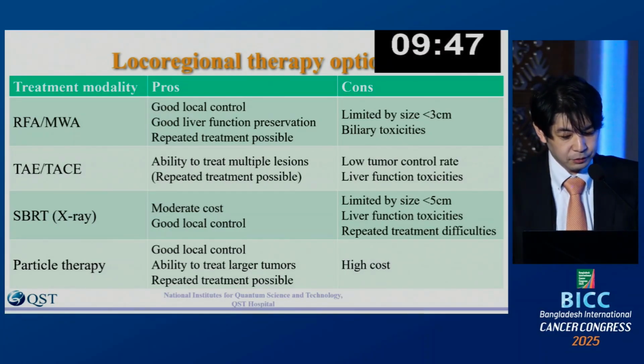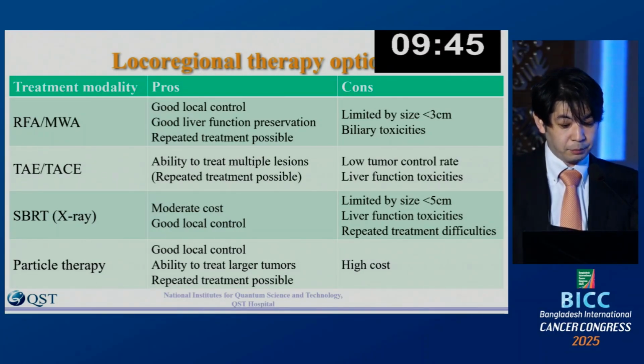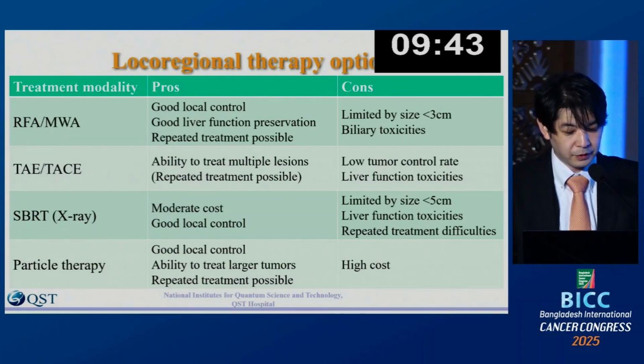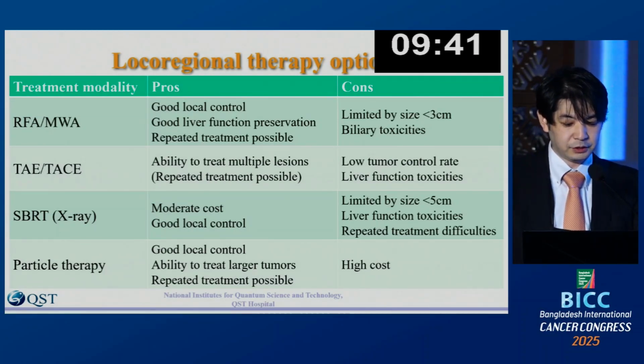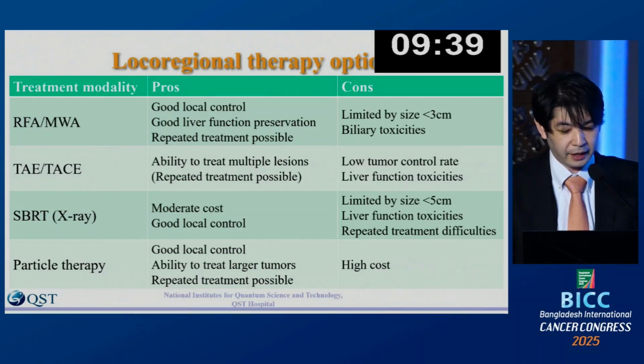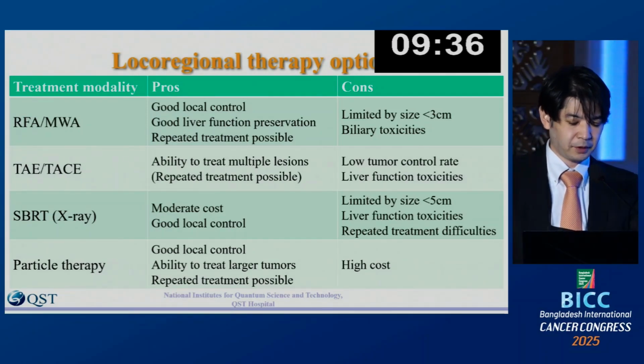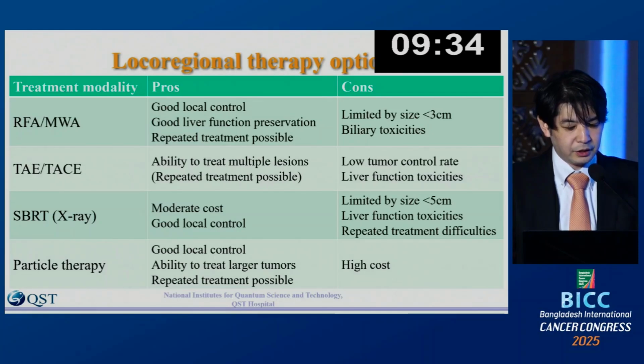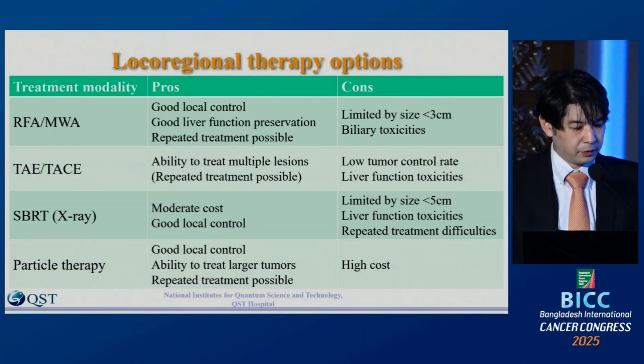TAE and TACE have the ability to treat multiple lesions, very nice, but the issue is the low tumor control rate and the liver toxicities. If you repeat TACE, the patient will suffer from low liver function.